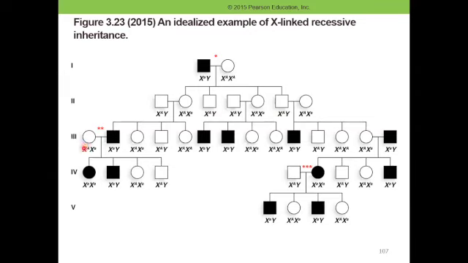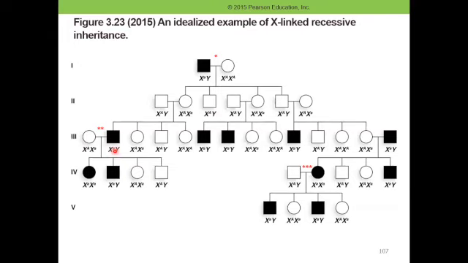The second example is if an affected man has children with a woman who is a carrier or a heterozygote. In this case, notice that all the daughters will again inherit the X little a, the recessive allele, from the dad.